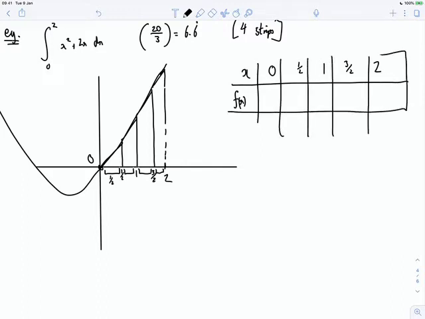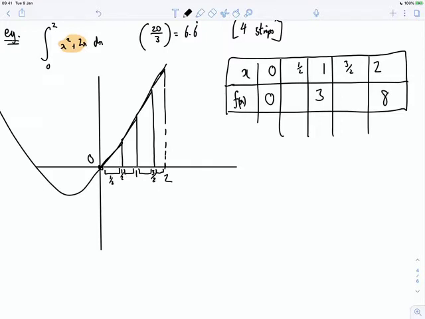I'm probably going to give the exact value here, just because I can. It's an easy function. So when x is 0, 0 squared plus 2 lots of 0 is 0. When x is 1, I've got 1 squared plus 2 lots of 1, so that's 3. And when x is 2, I've got 2 squared, which is 4, plus 2 lots of 2, that's 8.